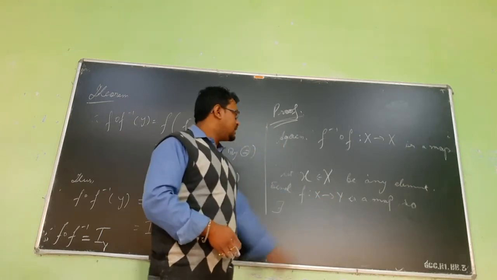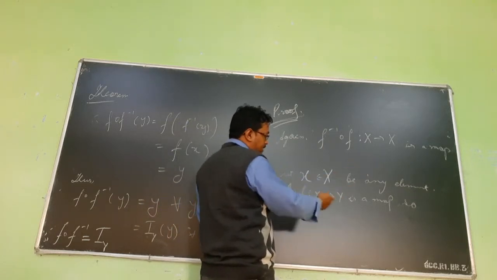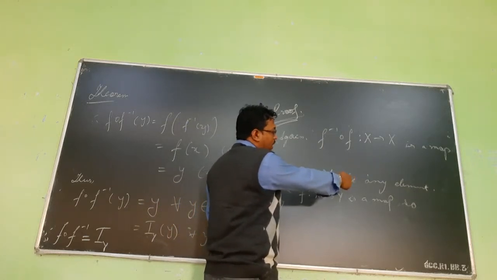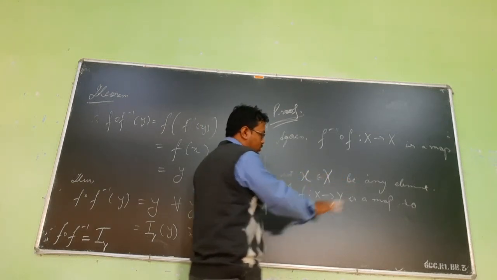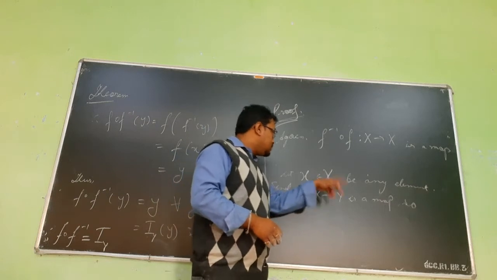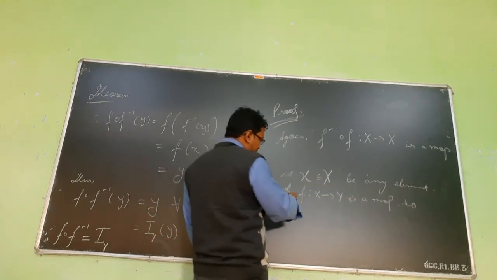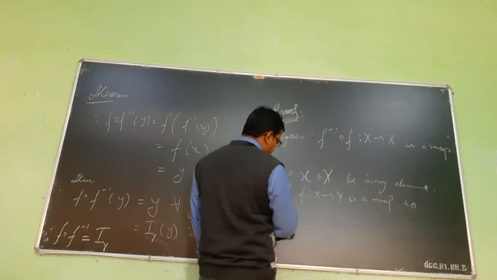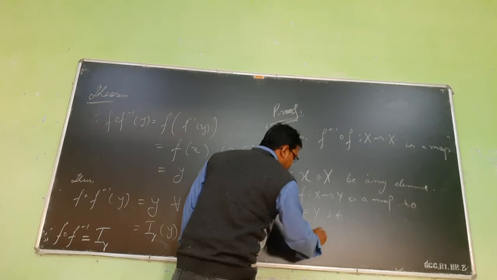That's why I have just written map as a function. For this x I will get a y. Why are we getting it? Because this is a function. It is a bijection no doubt, but for getting that y I just need this to be a function, nothing else. So since f from x to y is a map, there exists a y inside capital Y such that f(x) is equal to y.